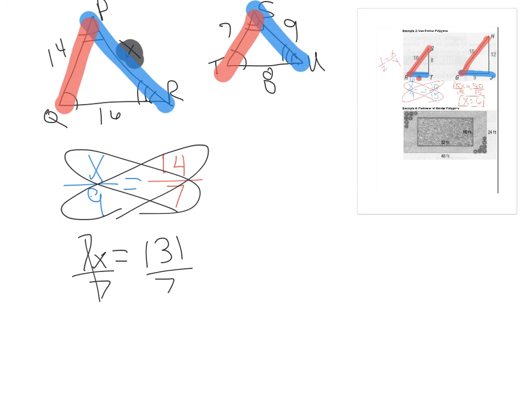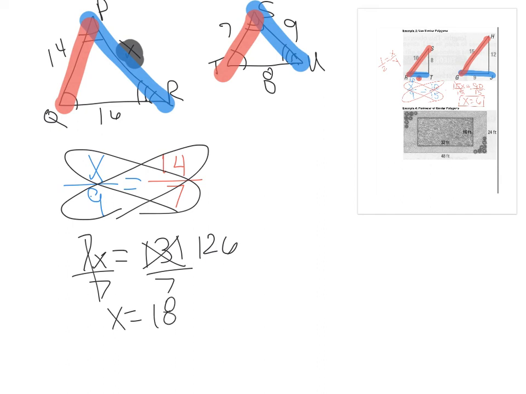Of course, it won't let me erase now, so I've crossed that out and put 126. That's what you get for doing math first thing in the morning, right, guys? So now 126 divided by 7 is 18. So x is going to equal 18.